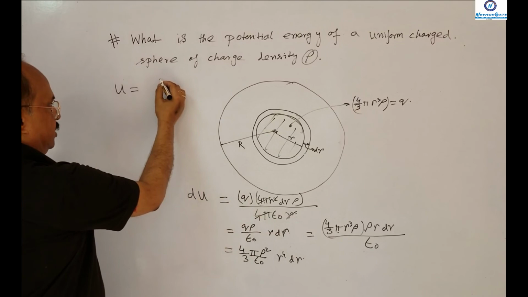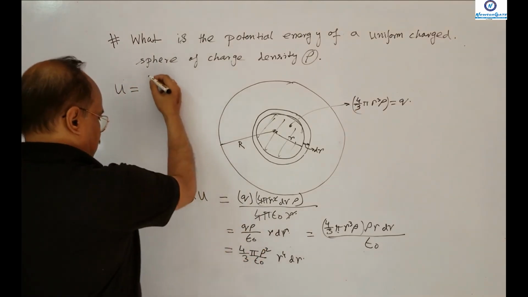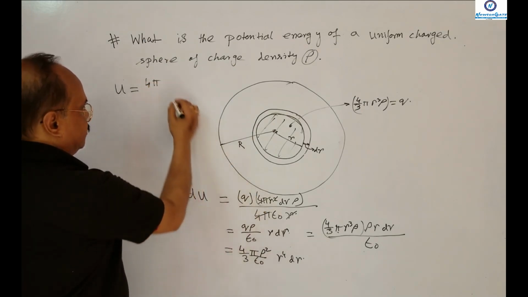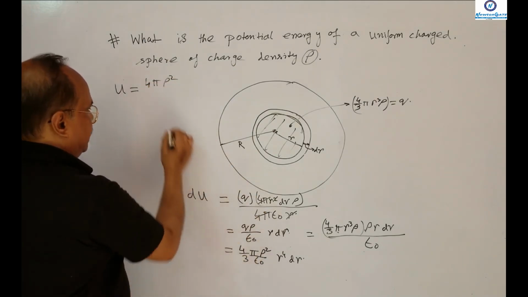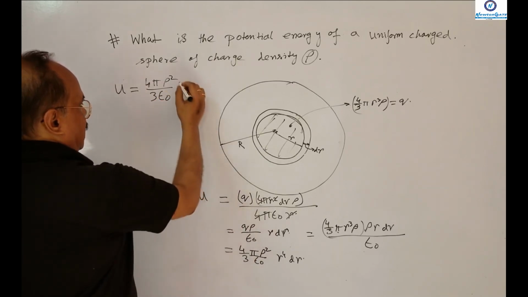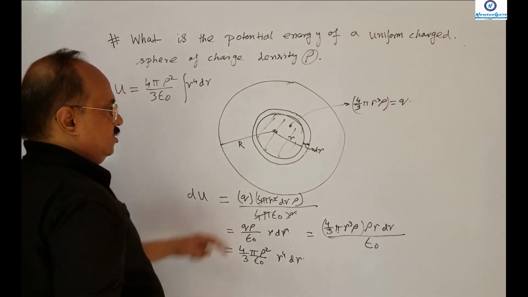That will be equal to 4/3 pi rho square by 3 epsilon naught, which is a constant, times the integral of r to the power 4 dr. Where to where do I have to integrate?